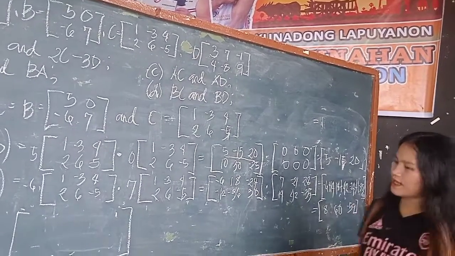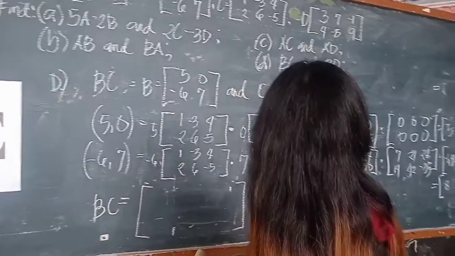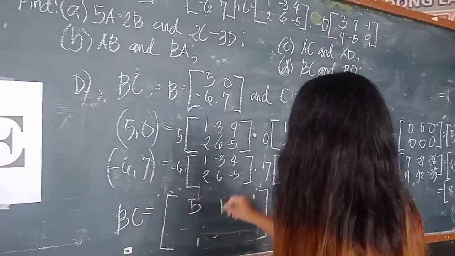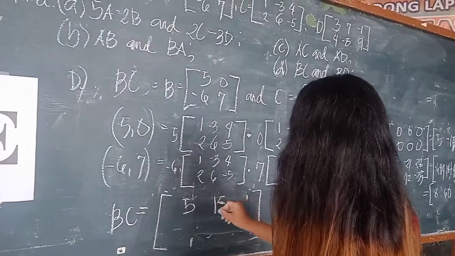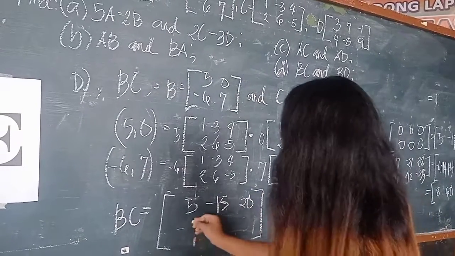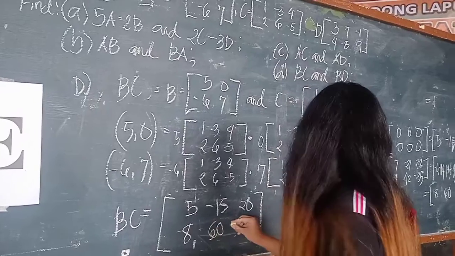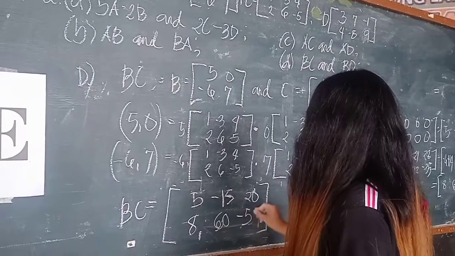So therefore, the value of BC is 5, 15, negative 15, 20, and 8, positive 60, and negative 59.